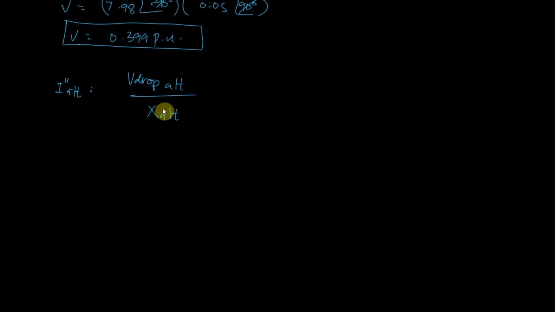Okay, so yung ating voltage drop is equal to yung source voltage minus yung voltage sa terminal ng ating transformer. So, ito is equal sa source voltage, which is 0.957 minus 0.399 per unit.